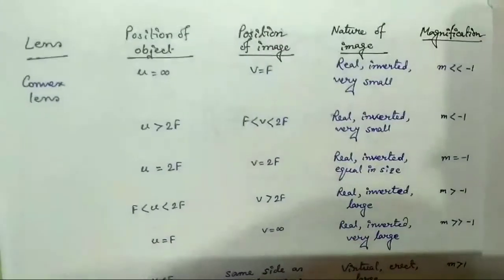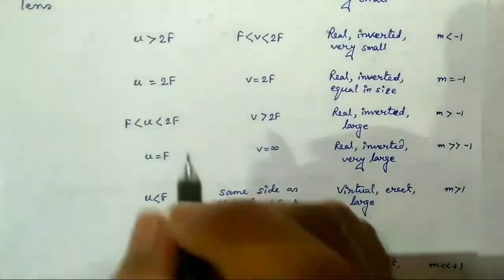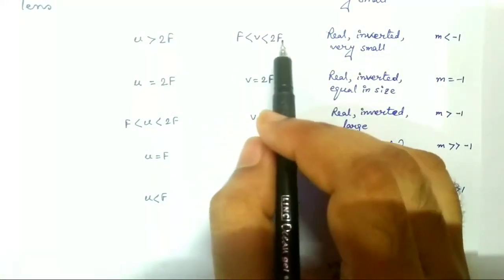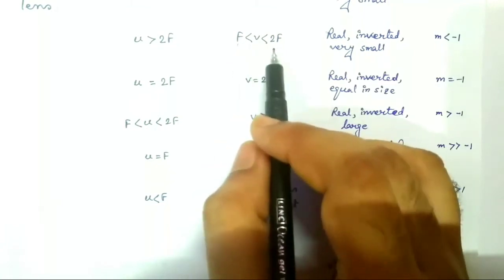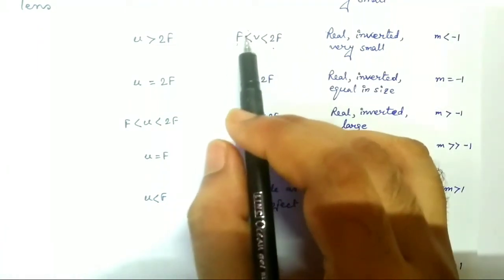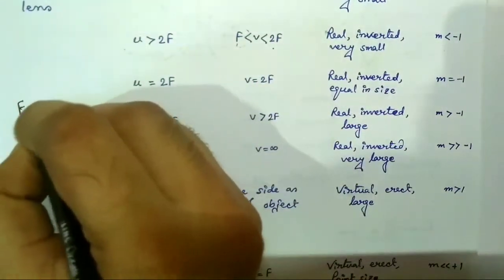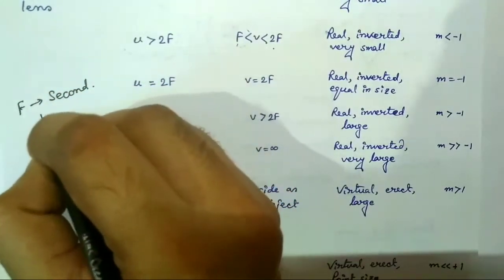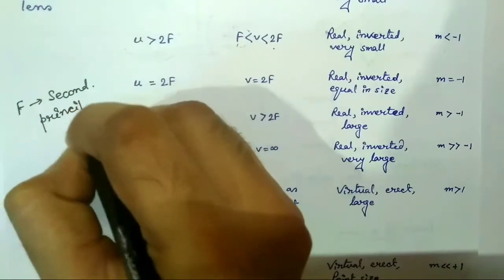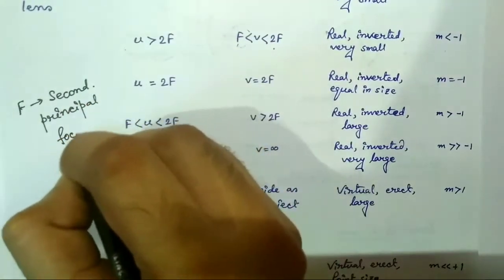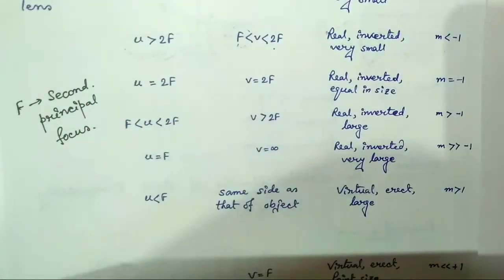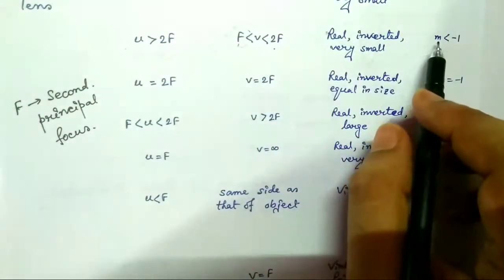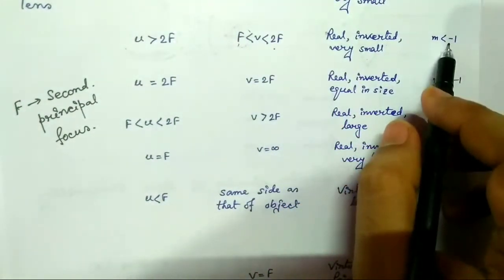So if the object is placed at infinity, the image will be formed at V equal to F. Okay? Now if U is placed at greater than twice F, then V will be formed in between F and 2F, where capital F is the second principal focus. The image will be real, inverted and very small, and magnification will be less than -1.